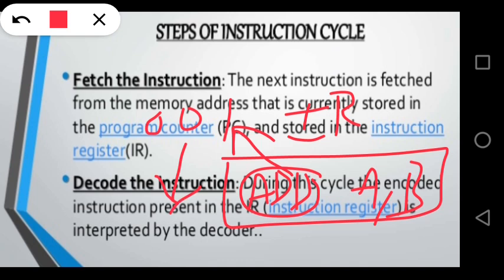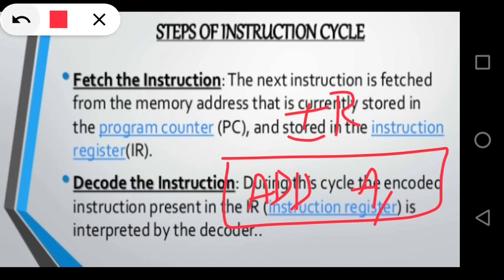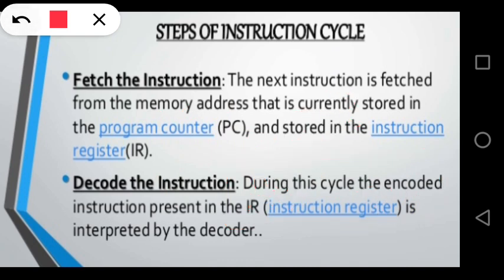We are human beings, we are able to read the word add and understand that add means addition, but the computer doesn't identify this add. How can it identify? Only by decoding. For that we have a special decoder in the control unit of computers. So decode the instruction means during this cycle the encoded instruction present in the IR is interpreted by the decoder.